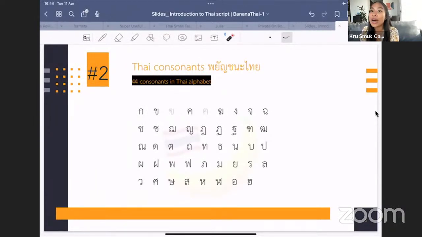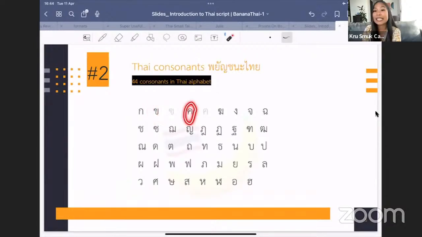And the reason why is that, even though we have 44 consonants, we do not have 44 sounds, because many consonants share the same initial sound. For example, this one, ka. Anyone know this one? ขอไข่, which has the sound k, right?